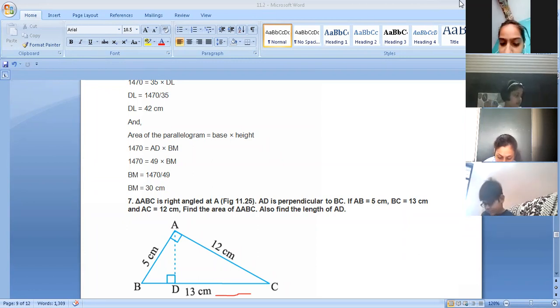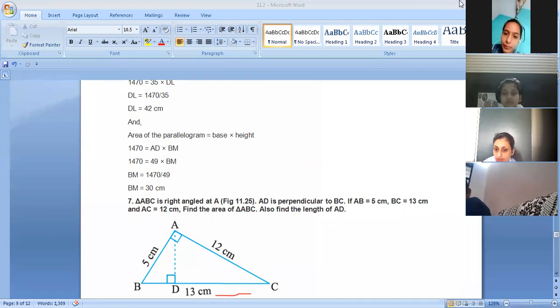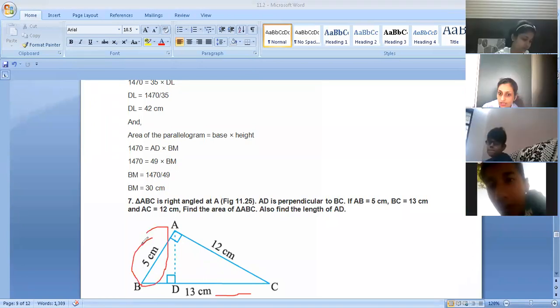Here, it is a right angle triangle. That means angle A is 90 degrees. So area of triangle ABC will be half into base into height. Here the base we are taking is 5 centimeters and height as 12 centimeters, because it is a right angle triangle.